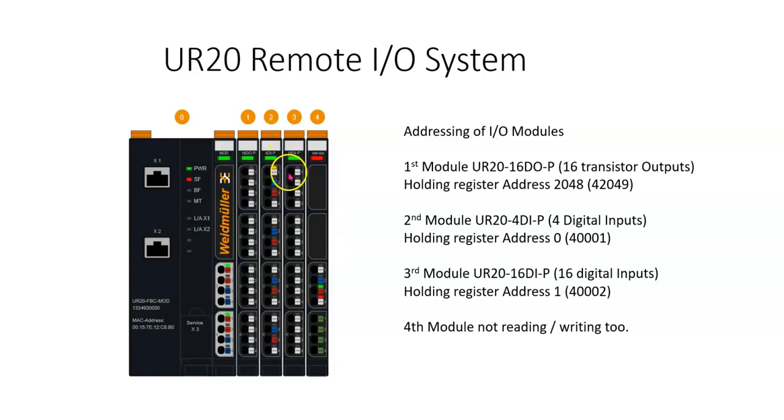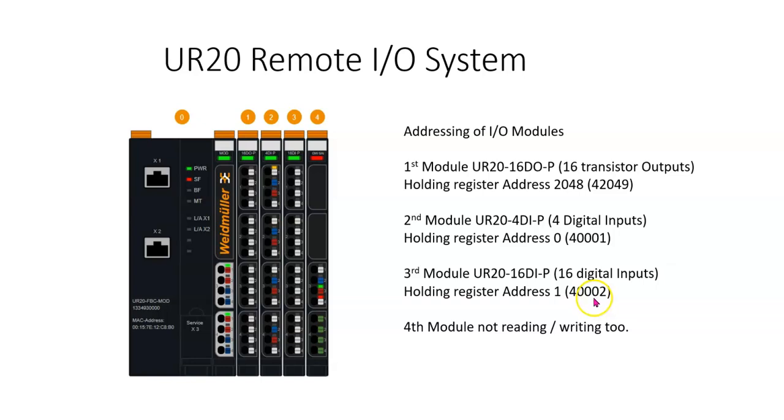So in slot 3 I've got another digital input module, and it's a UR20 16 DIP, so 16 digital inputs, PNP switching, and that's using the next input register, address 1. And the 4th module I haven't got, it's like an extension module, I haven't got it connected, therefore I've got a red light, and we're just not going to read or write to that, it's not really relevant.